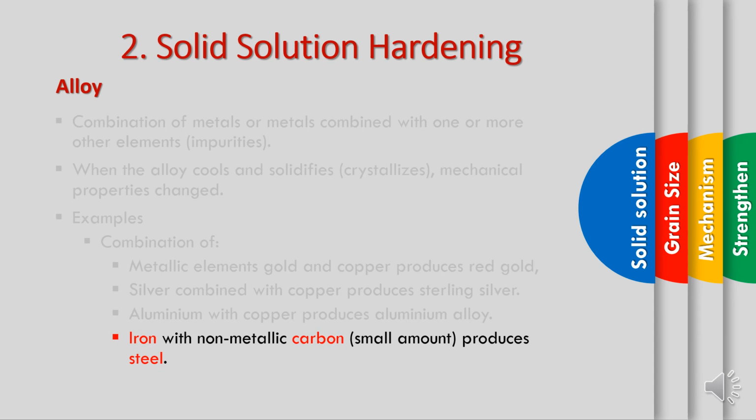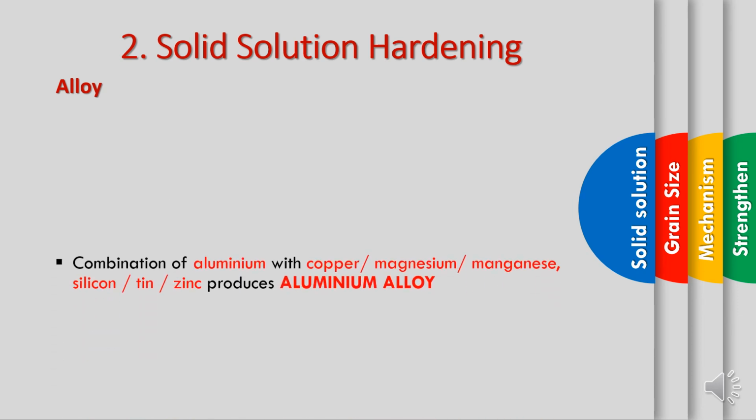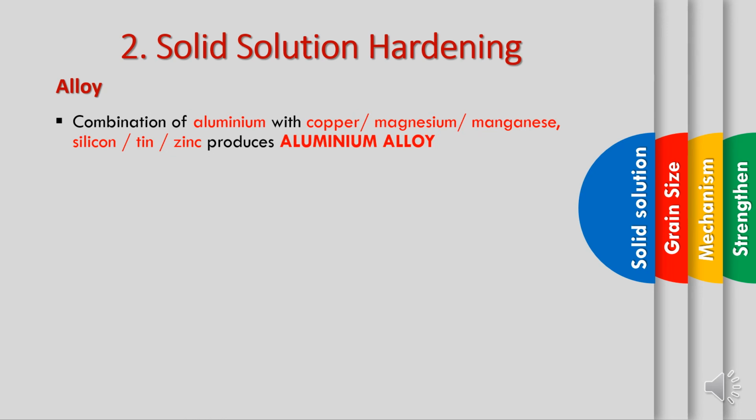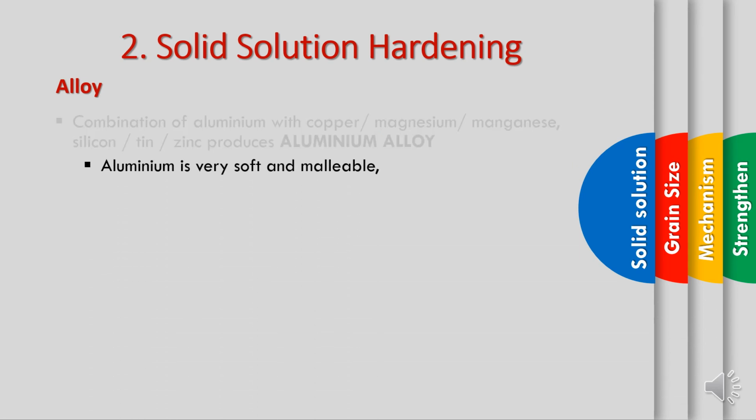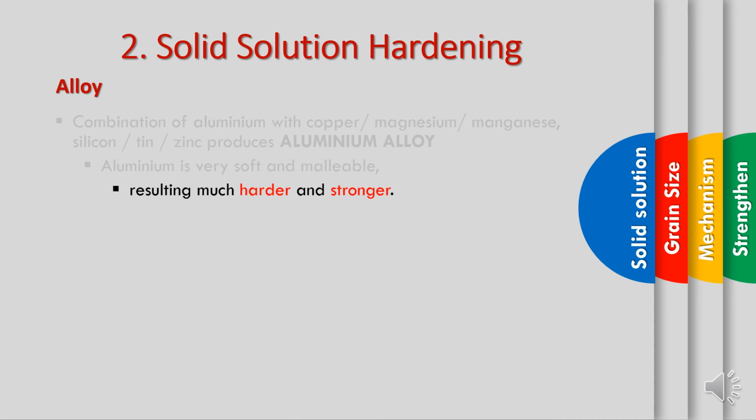Iron combined with a small amount of carbon will produce steel. The combination of aluminium with copper, or maybe magnesium, manganese, silicon, tin or zinc, will produce aluminium alloy. Aluminium is basically very soft and malleable, and if we combine it with impurities, it will make an aluminium alloy which is much harder and stronger.